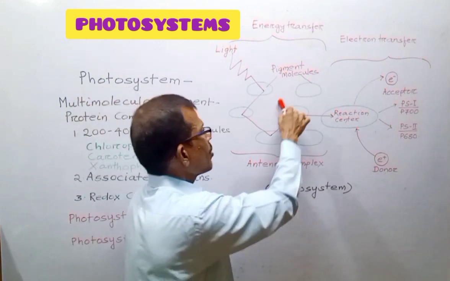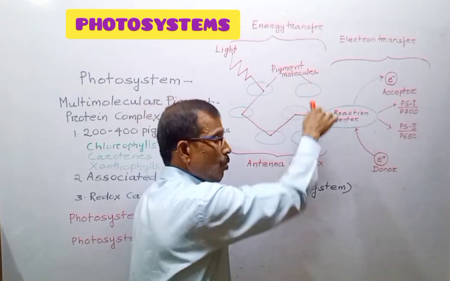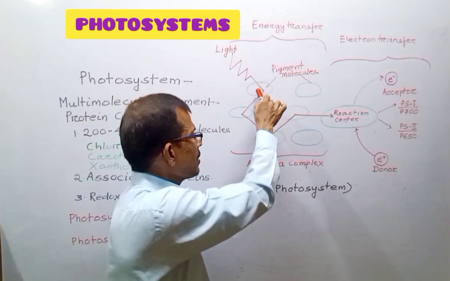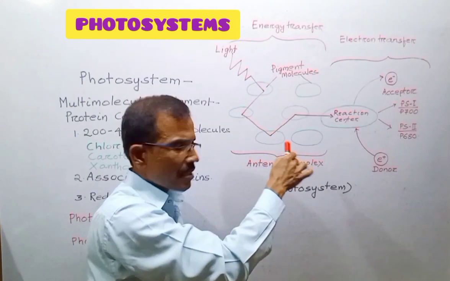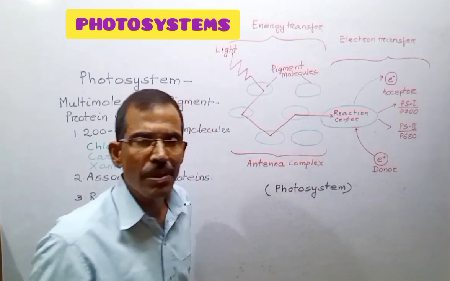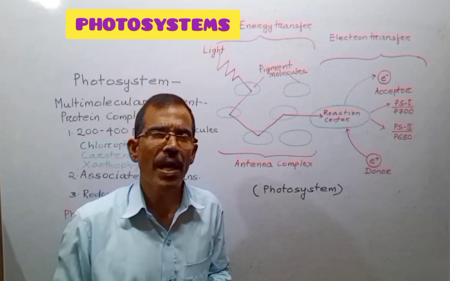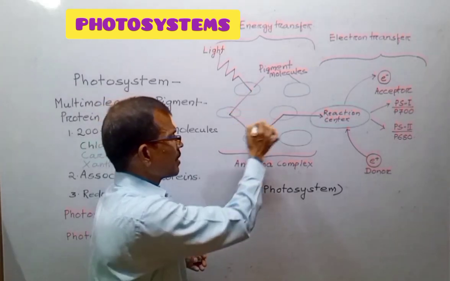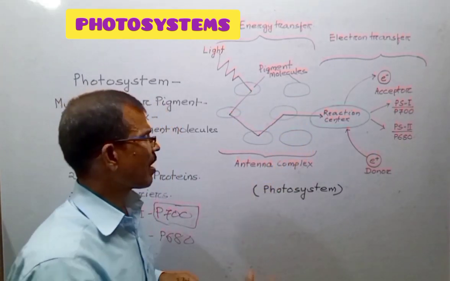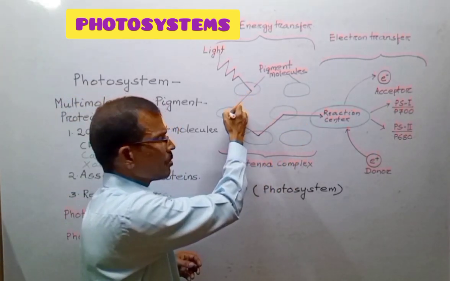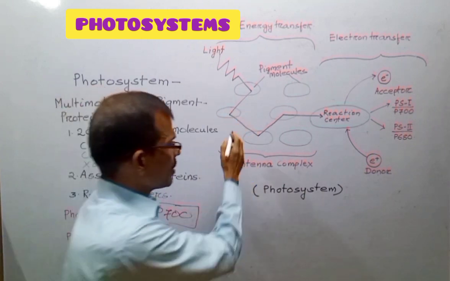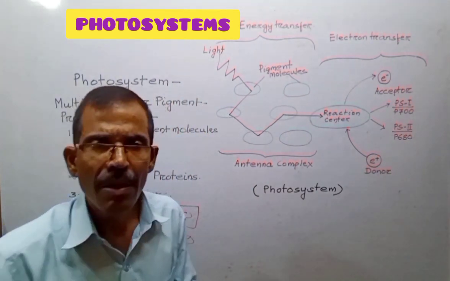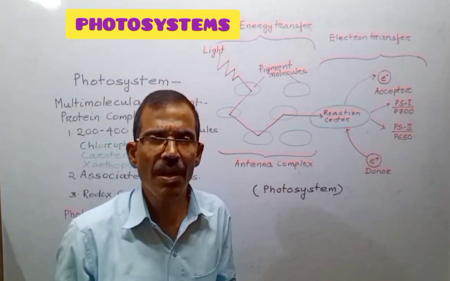The protein-bound pigment molecules in the core antenna are held together such that the excitation energy easily passes between pigment molecules. The energy of the absorbed photons thus migrates through the antenna complex by passing from one pigment molecule to another until it eventually arrives at the reaction center, where photochemical redox reaction occurs.